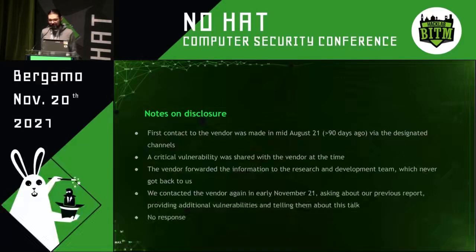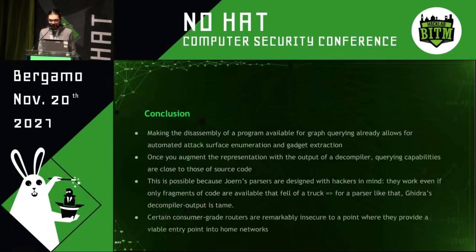And also, here is another bug, if you like, but no response. So I'm hoping maybe they'll see the talk, maybe they'll fix it, maybe not. But we really tried. I just want to say that.